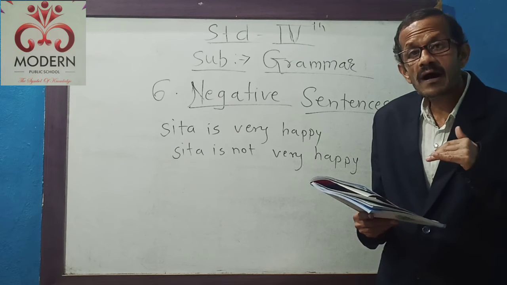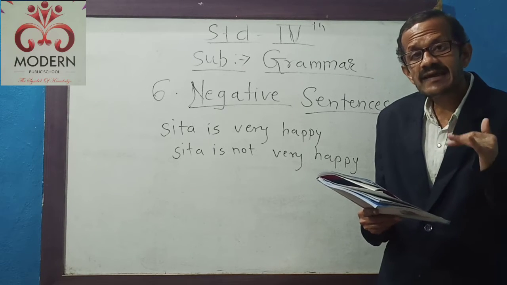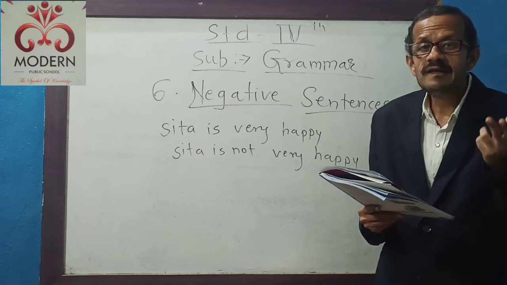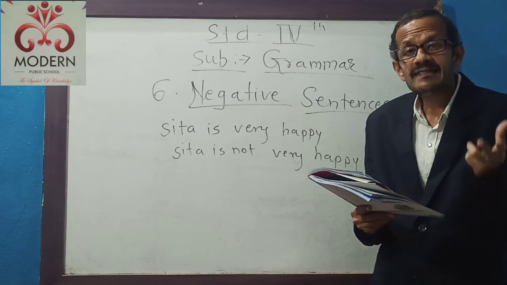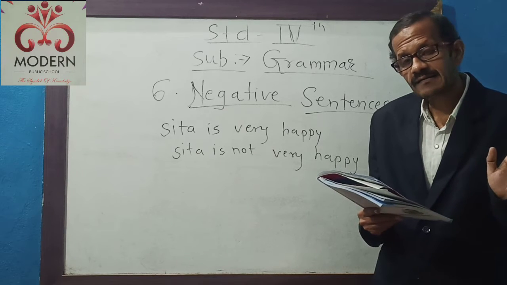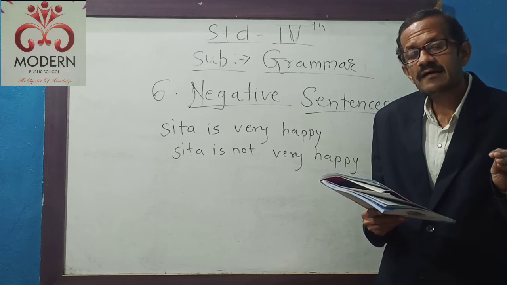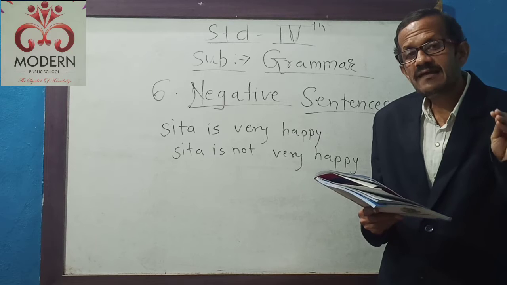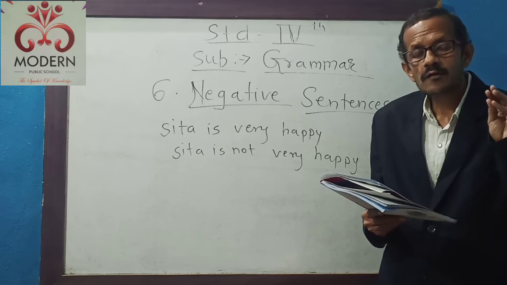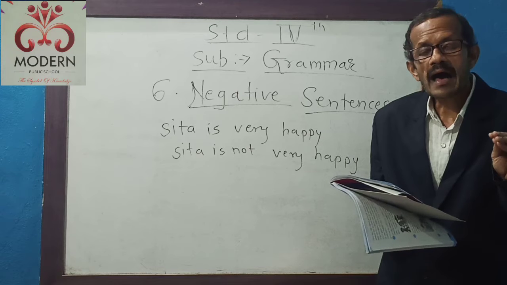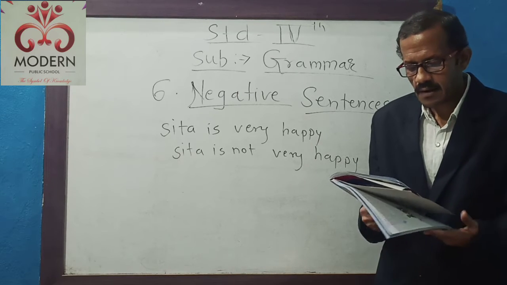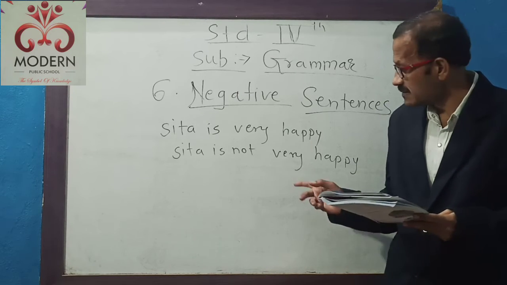Means the sentence in which not, no one, no, these words are included, these sentences are known as negative sentences. And the sentences in which there is no no one, nobody, not or no included are known as positive sentences. So these are negative sentences.